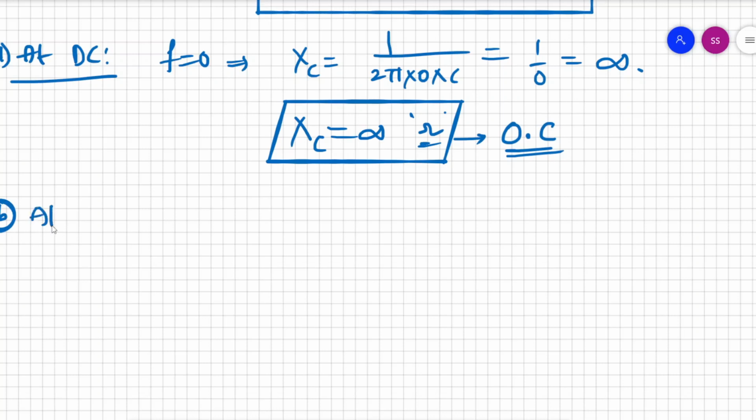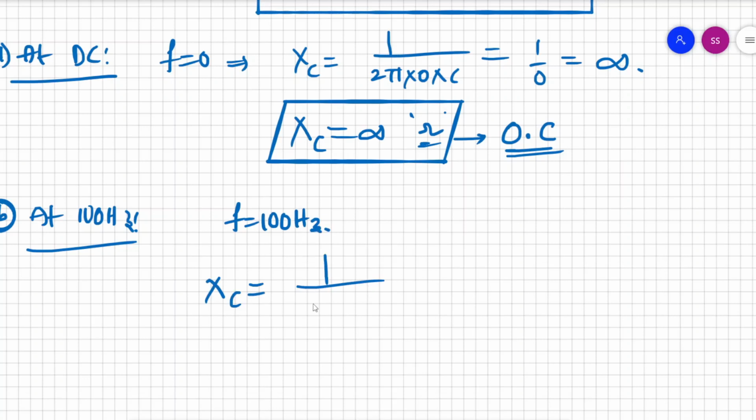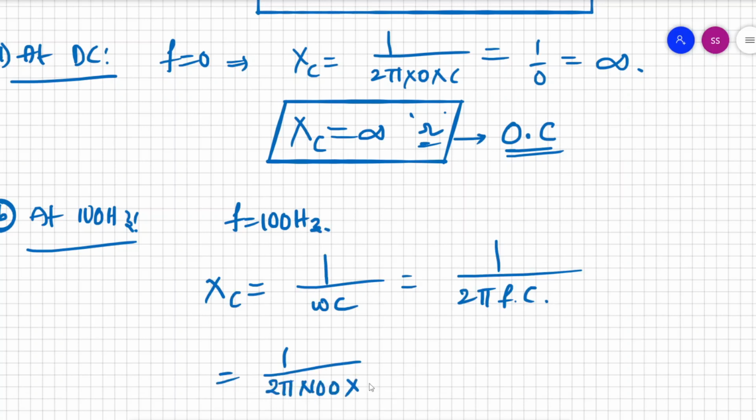Now let us find it at 100 Hz frequency. What is the capacitive reactance? So F equal to 100 Hz here. Now we need to find XC, that is 1 by omega C, which equals 1 by 2 pi FC, that is 1 by 2 pi, F is 100 and capacitance is 50 microfarads.